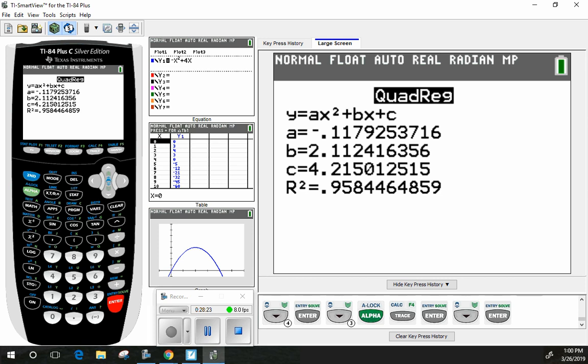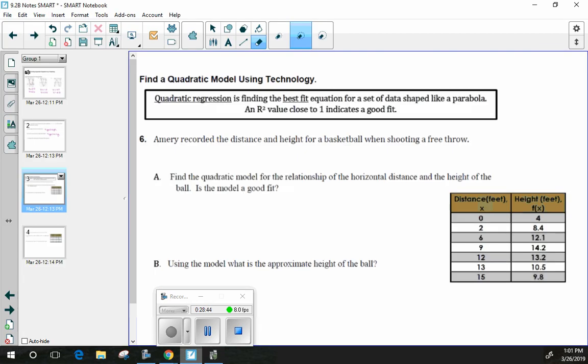So there it is. The top part is telling you, hey, we're putting this in standard form, right? They're kind of giving you the answer key here. It's ax squared plus bx plus c, where a is negative 0.12, b is 2.1, c is so forth, right? So there's our equation. If we were working this one, find a quadratic model.